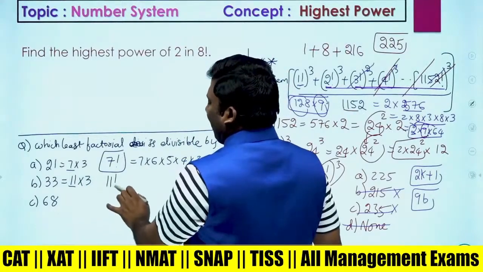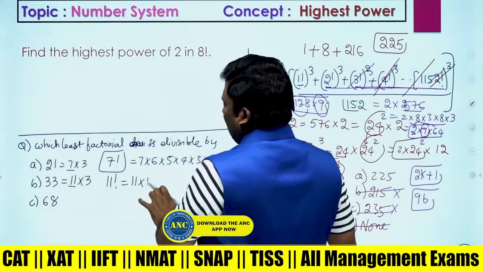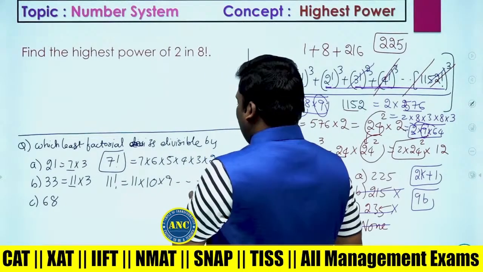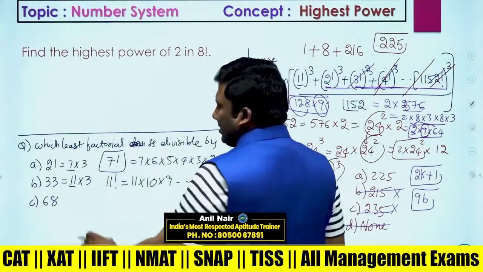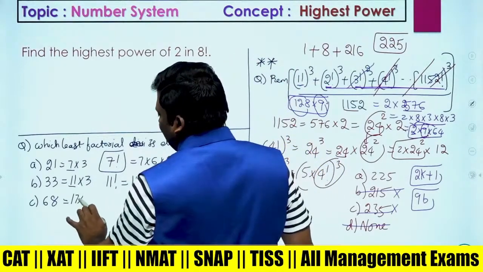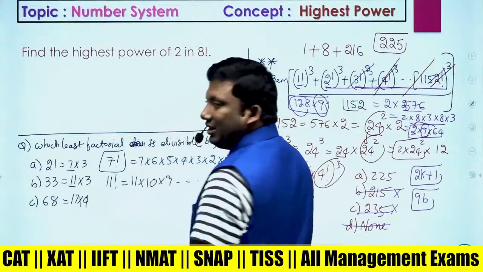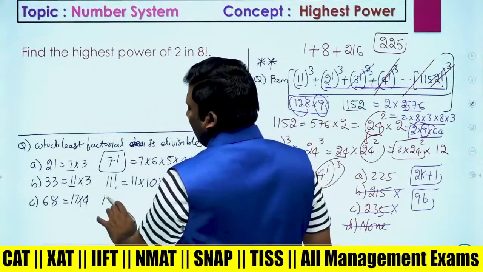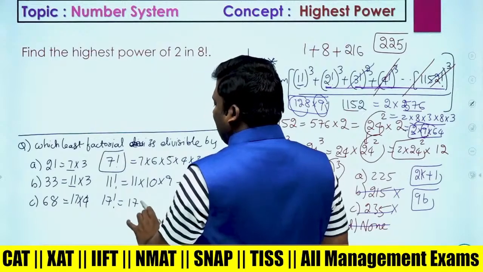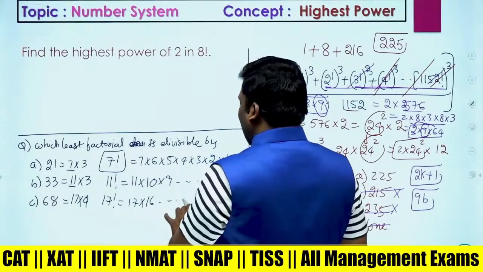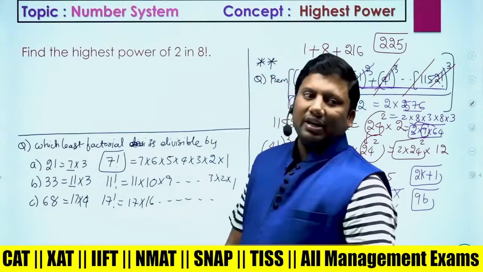Which is 11 factorial, 11 into 10 into 9 and so on up to 3 into 2 into 1. If it is 68, it is 17 into 4. 17 should be present. So 17 power 1 is present in 17 factorial.